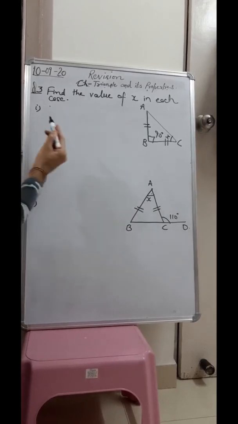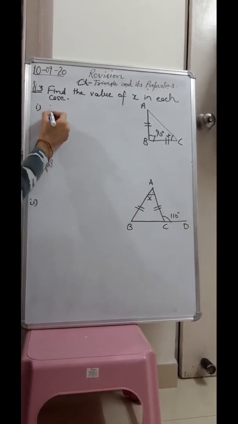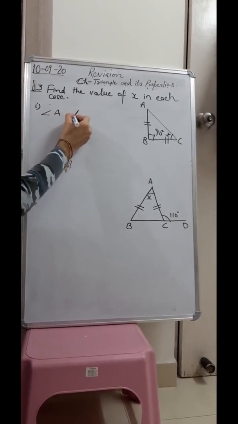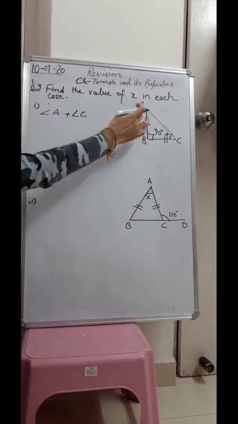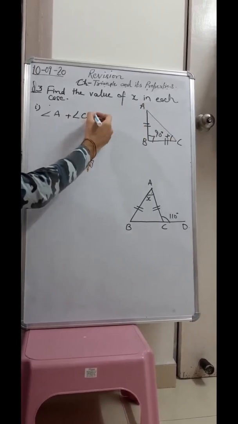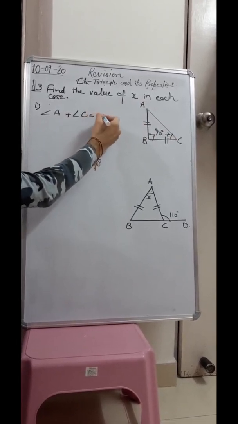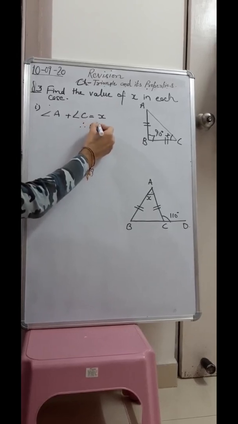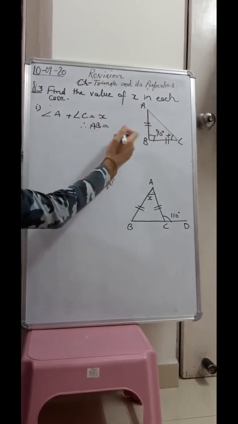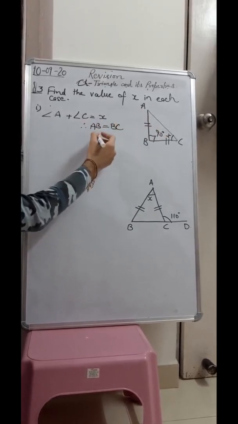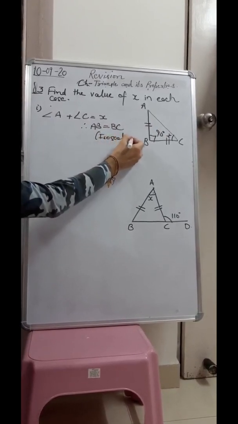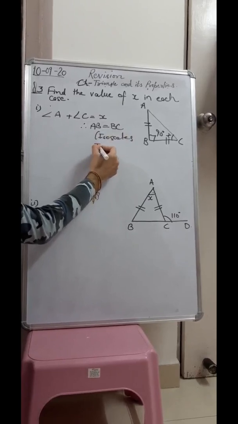So here we can say that angle A and angle C will be equal because AB is equal to BC, that is isosceles triangle property.